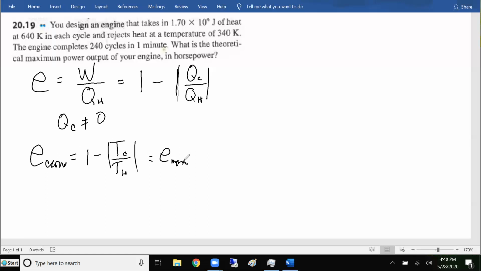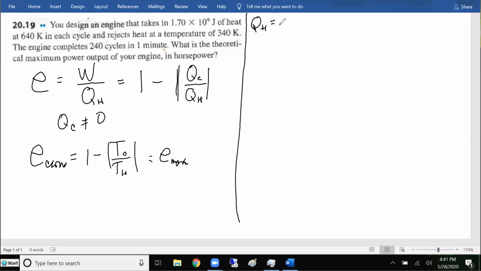So let's use this result in application of this problem here, which says you design an engine that takes this much heat at this temperature in each cycle and rejects heat at this temperature. So what are we given? We'll just write down what we're given.